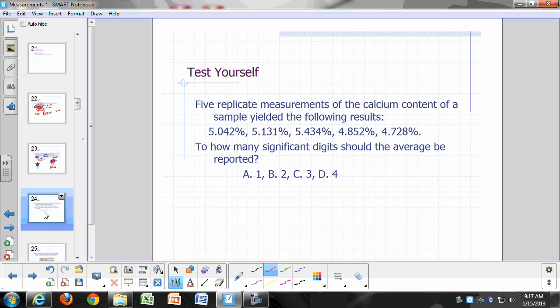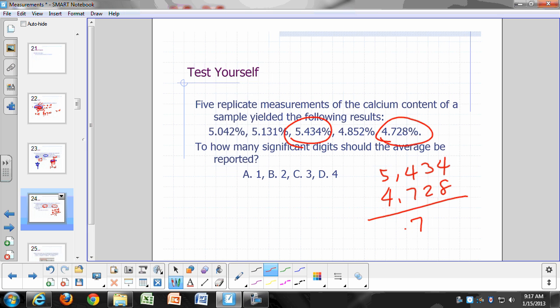The highest number here is 5.434 and the lowest is 4.728. The range is approximately 0.7. So half the range, the uncertainty, is approximately 0.3, 0.35, or 0.4.